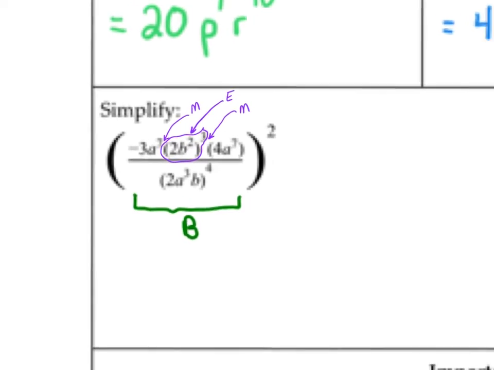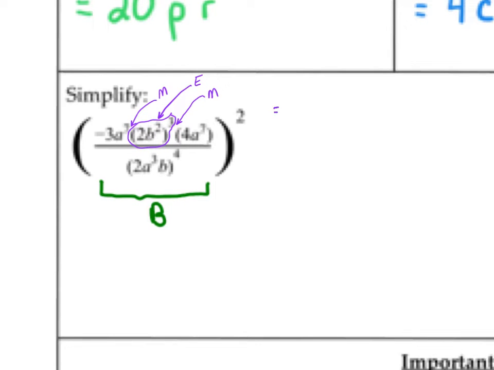So in your first step, keep the brackets. The negative 3a to the 7 stays where it is. That 2b squared to the 3 becomes 8b to the 6. And the 4a to the 7 stays where it is.